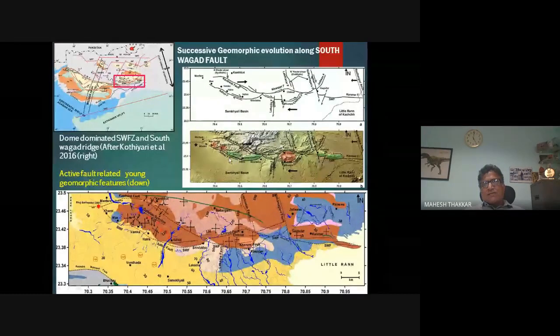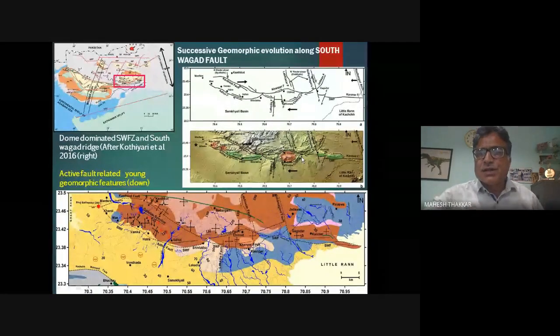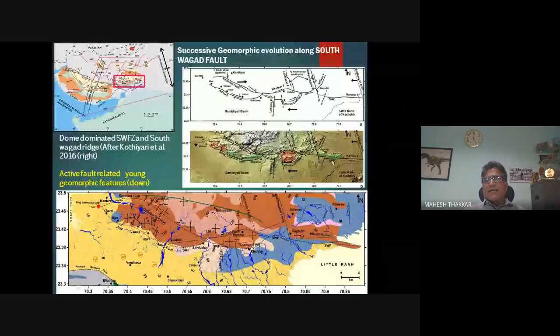Let us look at this fault. It is not a single fault. To the south there is a fault with different names: the Adoi fault, then the Chitrod fault, and other parts are also called by different names. But the northern branch of this fault is called the Kanthkot fault.